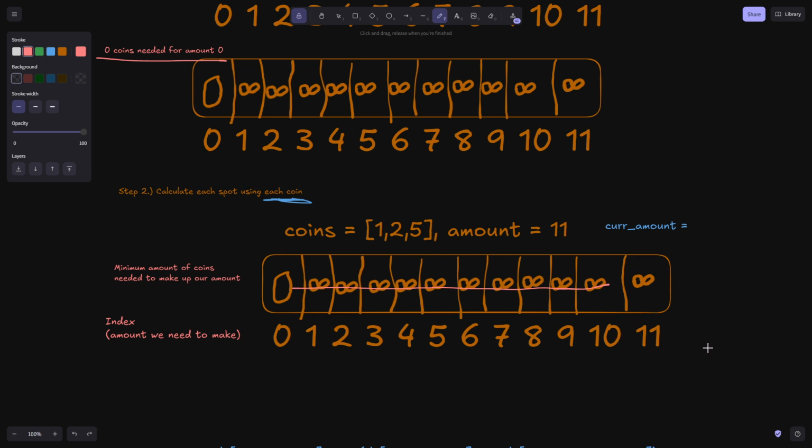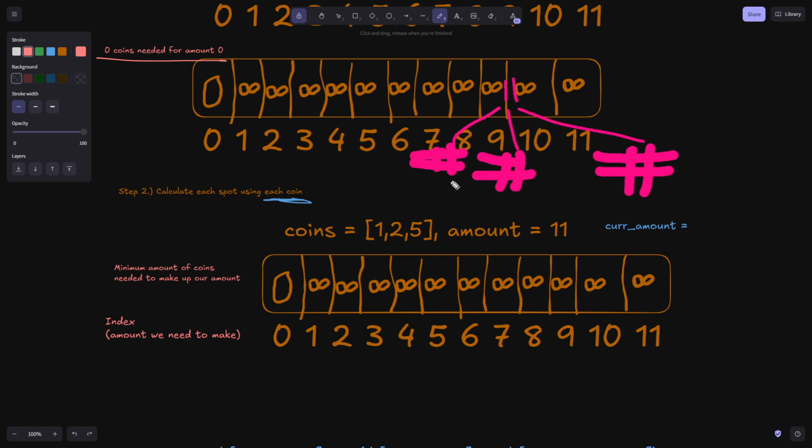Okay, and the reason we do it like this, by the way, is because at some position we're using previous stored results to basically retrieve the fewest number of coins possible. And you can imagine why this is done this way. But in case you can't, for this decision tree, it is very simple here, but it can grow very large if you have a lot of coins and a big number.